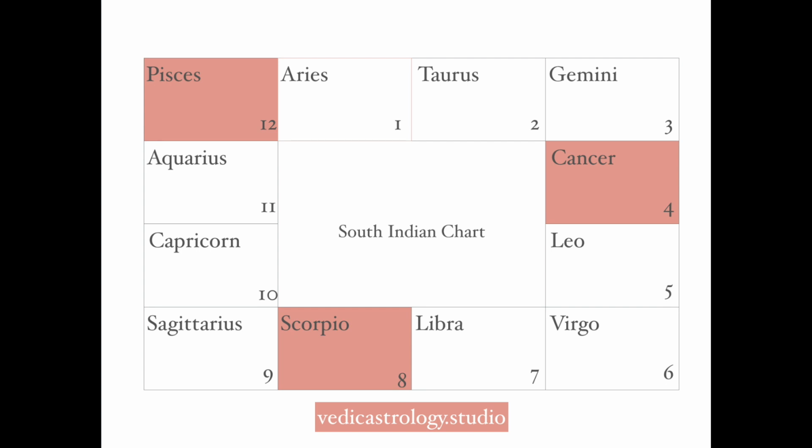If I hadn't gotten fired from that one job, I wouldn't have this great, amazing job that I have right now. Or if that relationship hadn't ended, I wouldn't have met this wonderful partner that I have now. So the 8th house is about sudden changes, sudden endings, but it also means the beginning of something new.